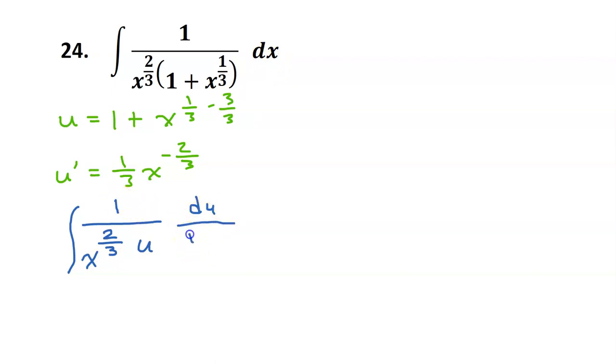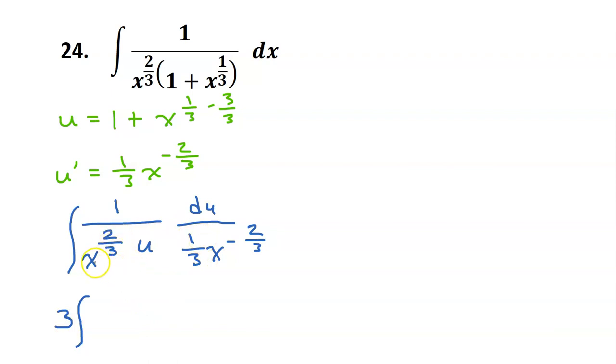And u prime is this 1/3 x to the negative 2/3 power. Let me deal with this 1/3. When you divide by a fraction, you multiply by the reciprocal. So this is going to end up as a 3 in the numerator, which will be a 3 out in the front. So this is gone now.